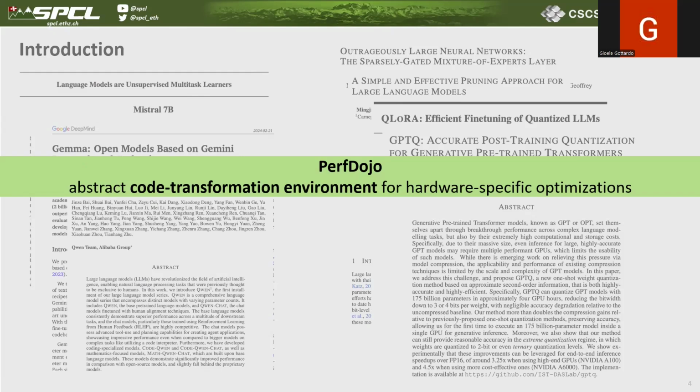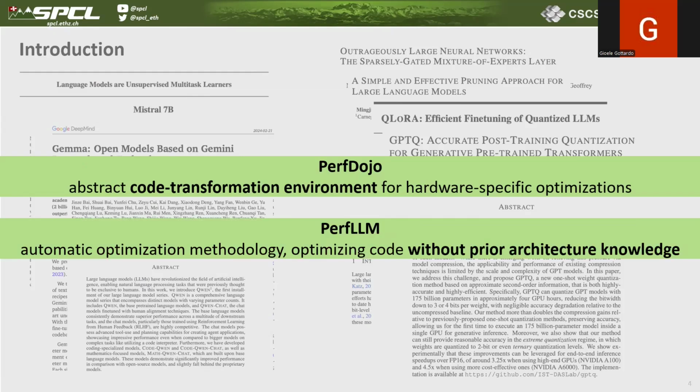And in PerfDojo, we provide an abstraction to those strategies and an environment that ensures correctness when applying the strategies. And once we have such an environment where we can apply transformations to code, we can study several automatic methodologies to select the transformations. And we propose PerfLLM, which is one of those methodologies that use large language models and reinforcement learning to automate the code transformation selection.